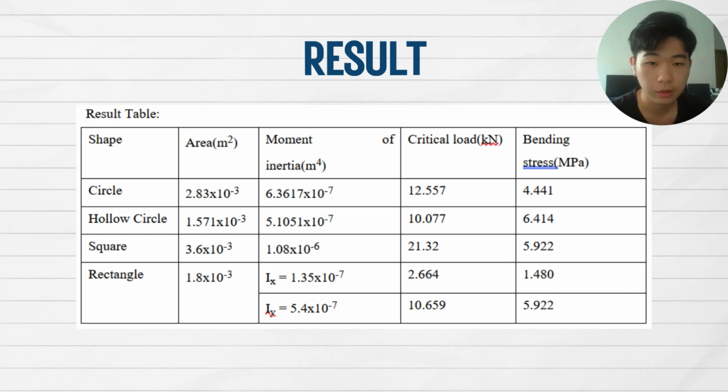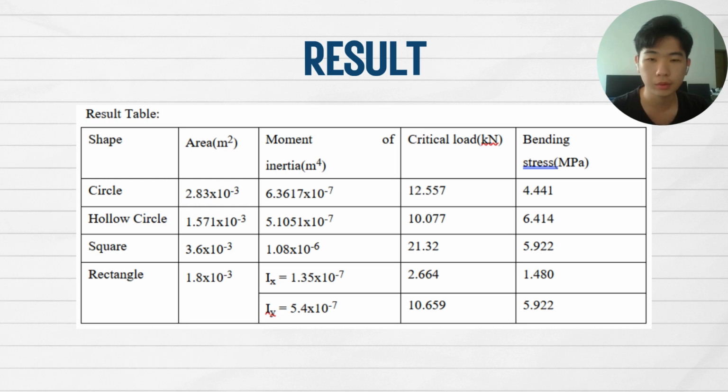And now for the discussion part. As we can see in the result table, there are four shapes of the cross section: the circle, square, and the rectangle. For the area, the biggest value we get is the square, 3.6 times 10 power of -3, and the smallest value is the rectangle, 1.571 times 10 power of -3.